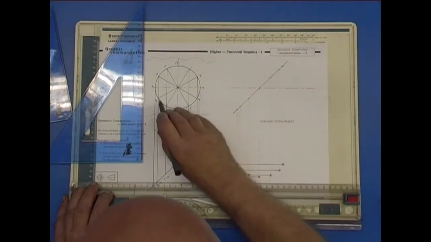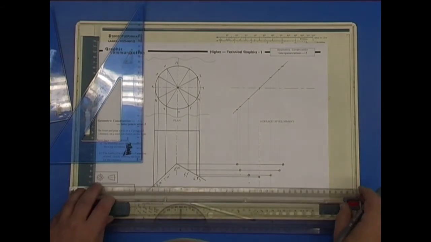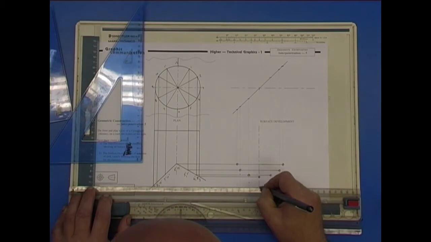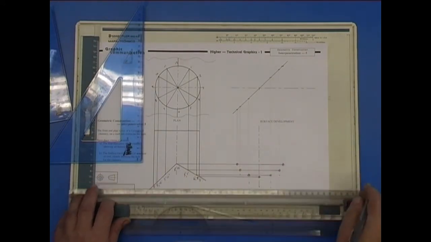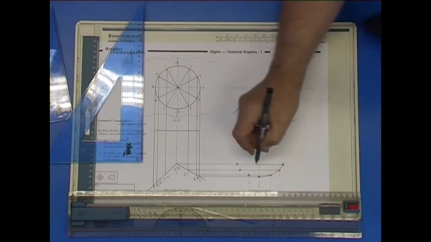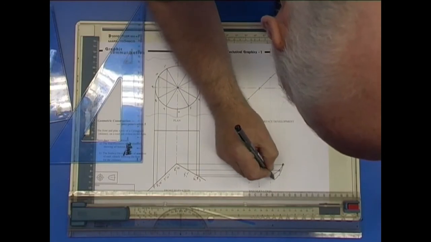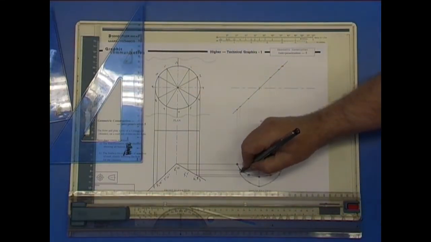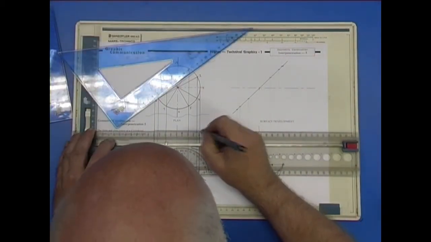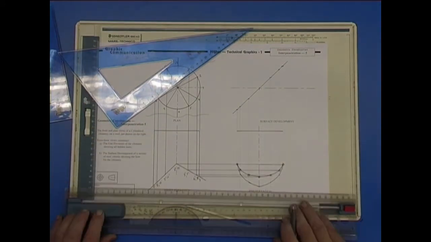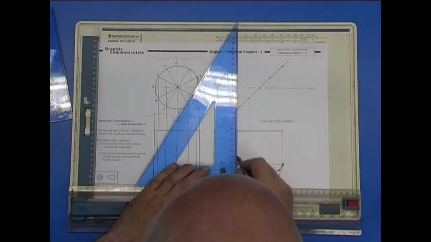Number 8 is on that one. Number 9 is on that one. And that's it.